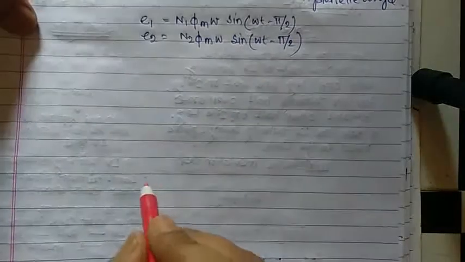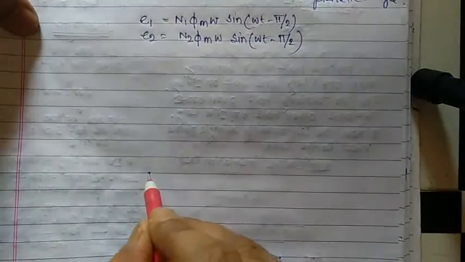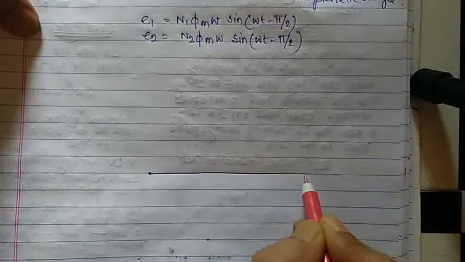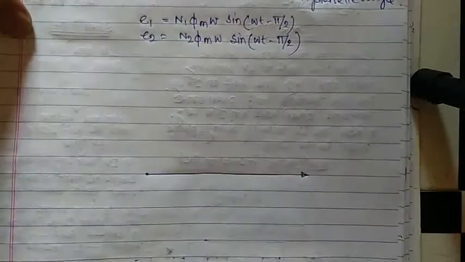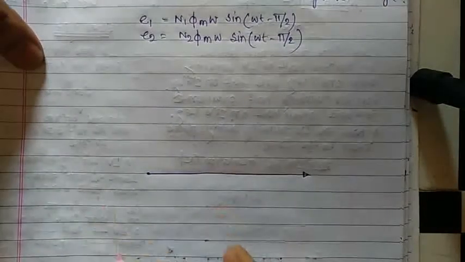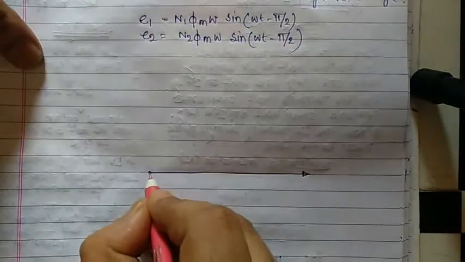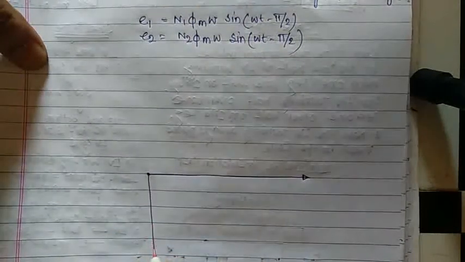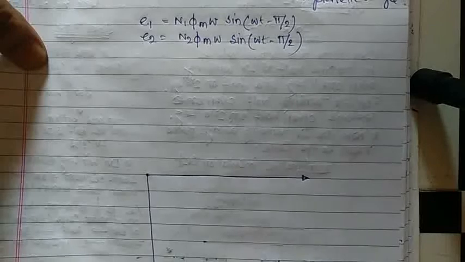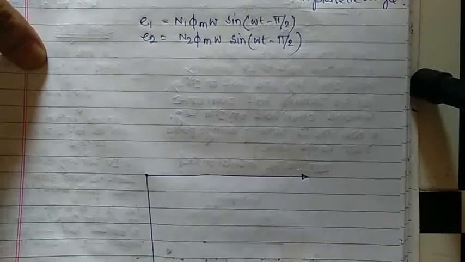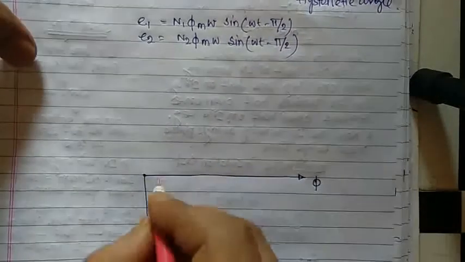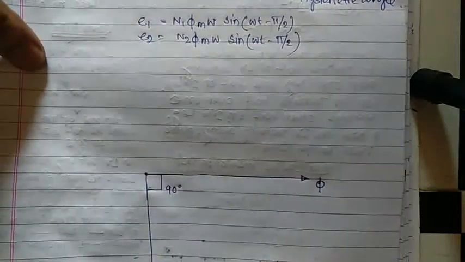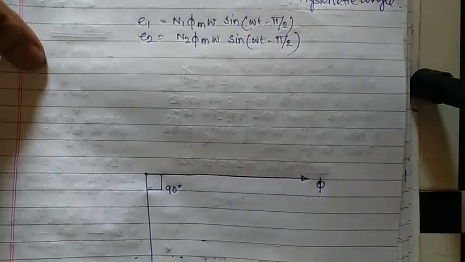So first I take the flux of the transformer as a reference. So E1 and E2 are 90 degrees lagging from the flux line, and this is E1 and E2.